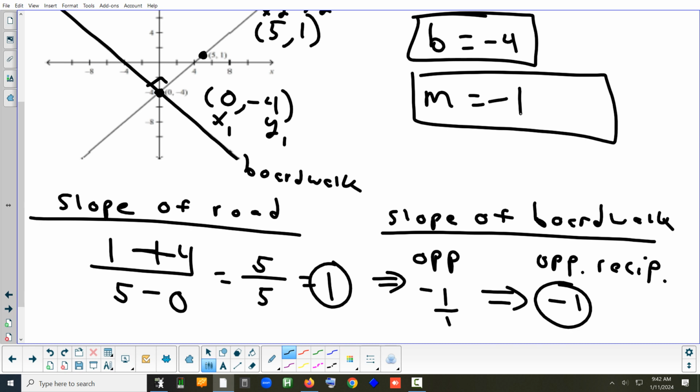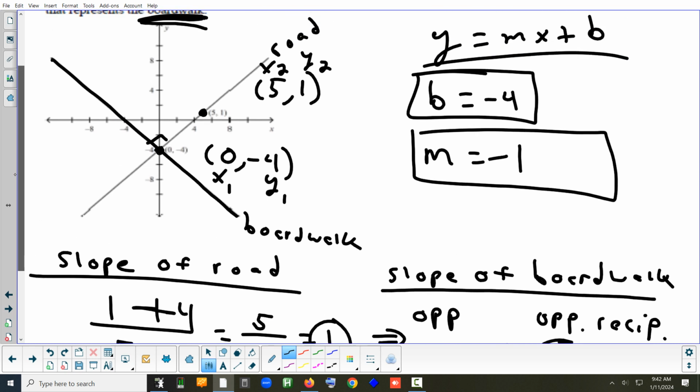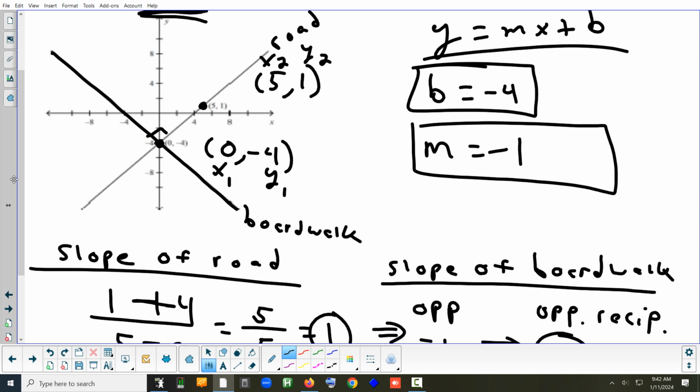Okay, so you have to find the road first, then the boardwalk. Okay, so now I have the M and I have the B. So what would be my final answer, to write the equation for the boardwalk using the slope and the intercept that I have? Y equals -1x minus 4.